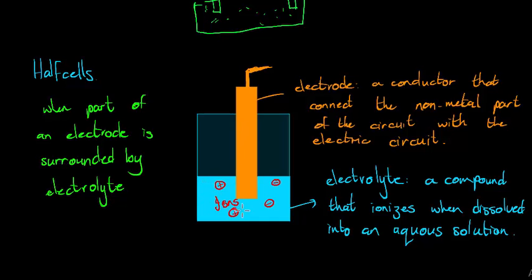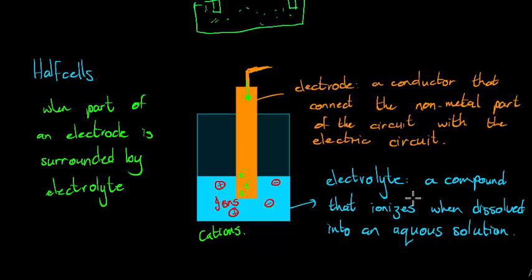The point here is that the positive charges in the electrolyte solution, the cations, are attracting electrons from the electrode, and as a result it will pull electrons through this conductive material.